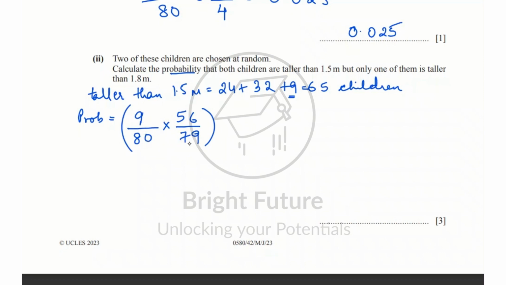Now one child is removed, so 79 remain, and the remaining 24 plus 32, that is 56. Out of these 56 students, anyone will be removed the second time, or in the first slot, out of the 56, one will be removed, and the second child removed will be out of those 9 children.